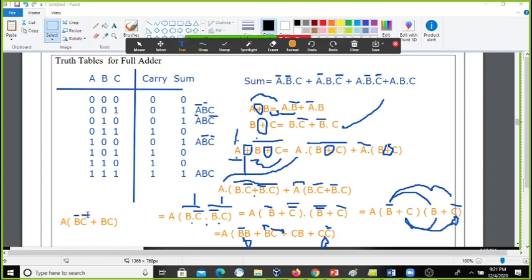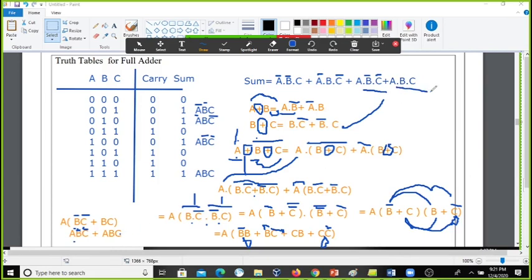Then when you expand, this is equal to A B bar C bar plus ABC. You can see A B bar C bar is this one and ABC is this one.